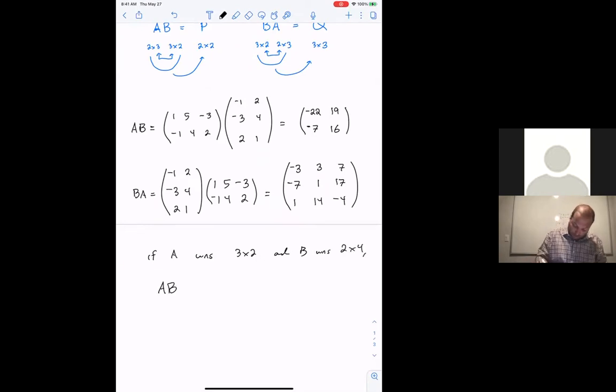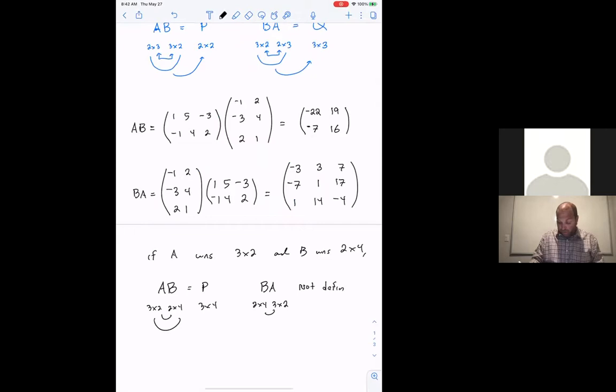AB, 3 by 2, 2 by 4, gives me a nice product, which is 3 by 4. No problem. BA, this is now 2 by 4 and 3 by 2. Don't match, not defined. So not only do you sometimes get a different matrix depending on the order, but sometimes you can only do one direction and the other one you can't even do at all.